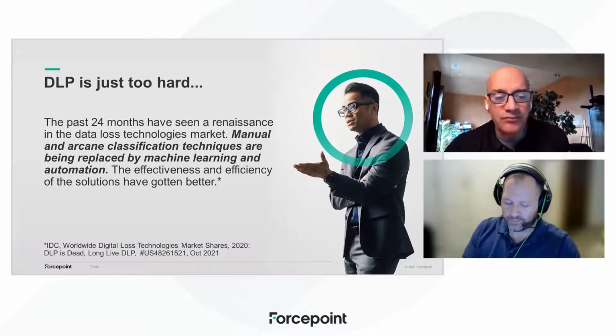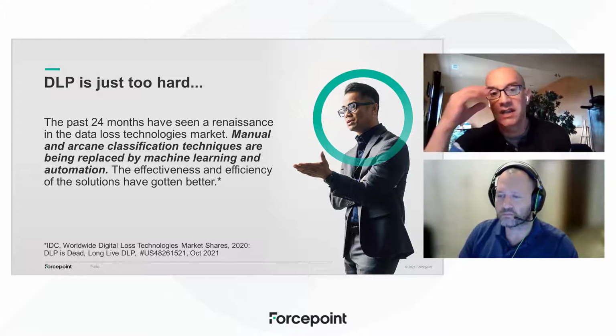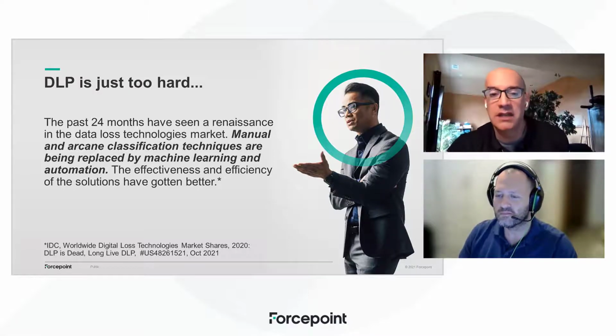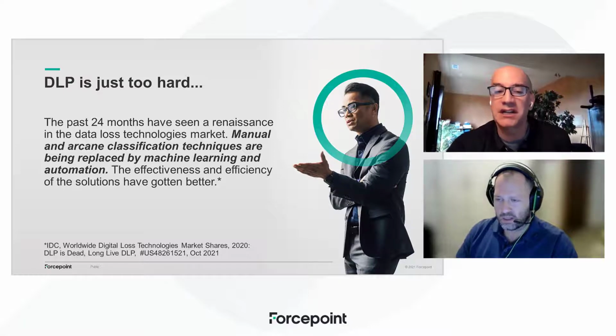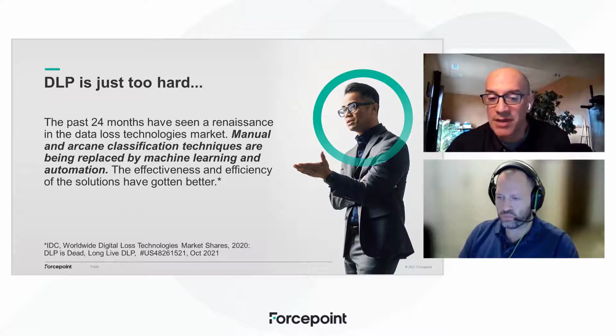And one of the things with DLP in general, often people consider it to be just very, very hard, particularly harder to deploy and harder to maintain because of so much manual activity. This is a quote from IDC. They said the past 24 months have seen a renaissance in the data loss technologies market, and manual and arcane classification techniques are being replaced by machine learning and automation. The effectiveness and efficiency of the solutions have gotten better.